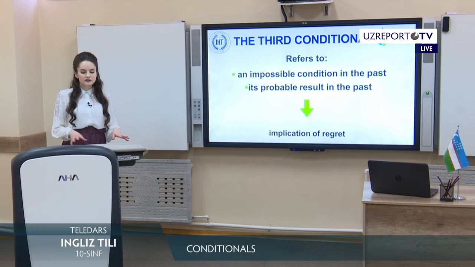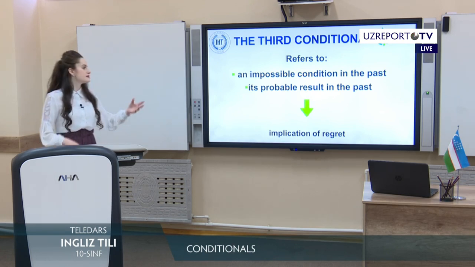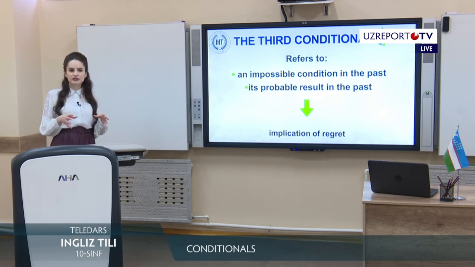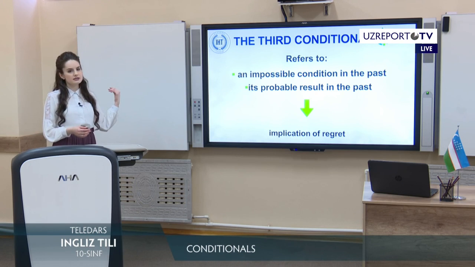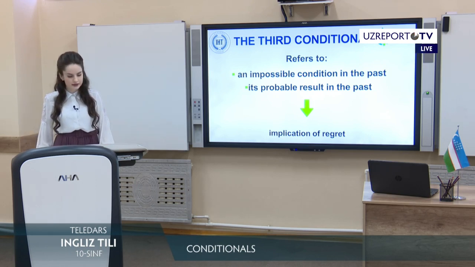So, it refers to an impossible condition in the past and its probable result in the past. In other words, you may talk about regrets. When we use the third type of conditional sentence, we talk about the past. We talk about something that we cannot change. Because we cannot change something in the past, it's obvious for everyone.